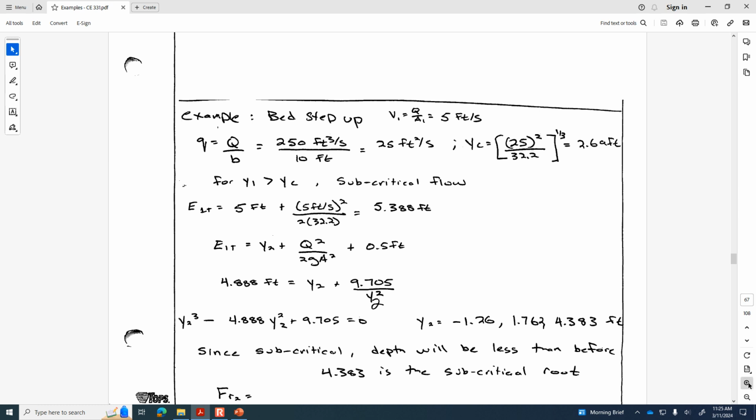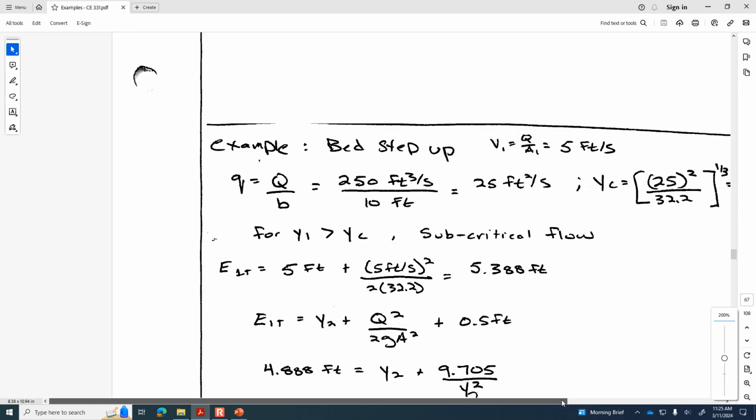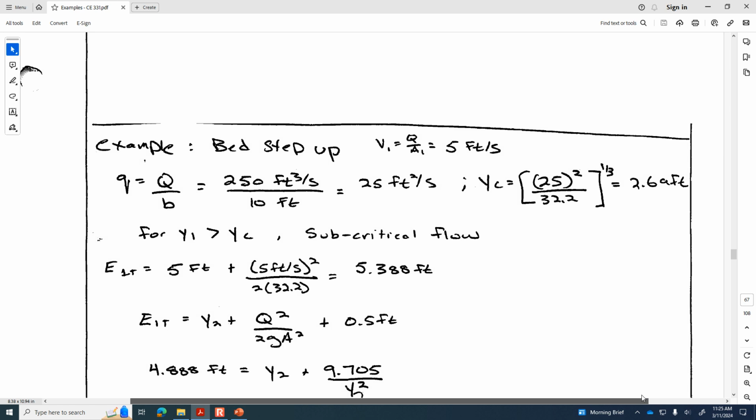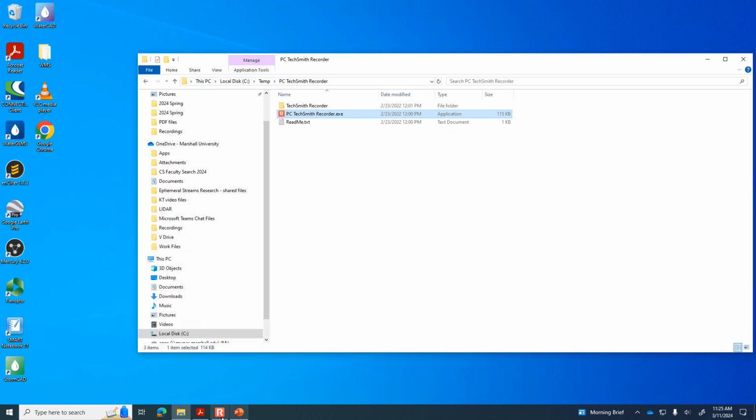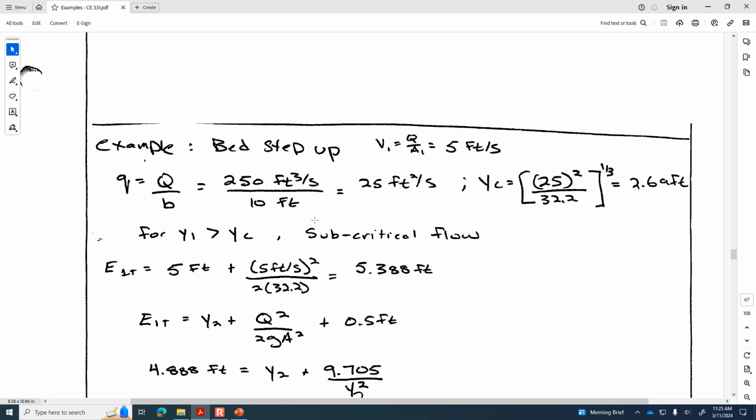Let's just look at them and see if the step-by-step approach is consistent with the workflow that you're coming to understand. In this problem, you were given the flow rate of 250 CFS and the bottom width of 10 feet. With that, you can calculate the flow per unit width of 25 feet squared per second.